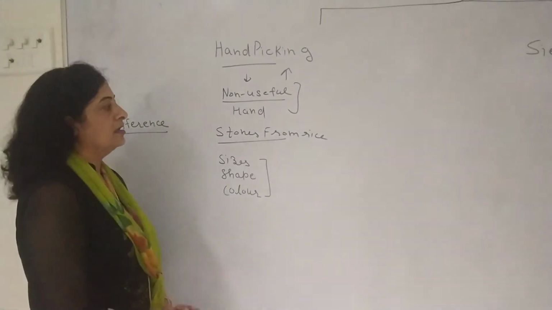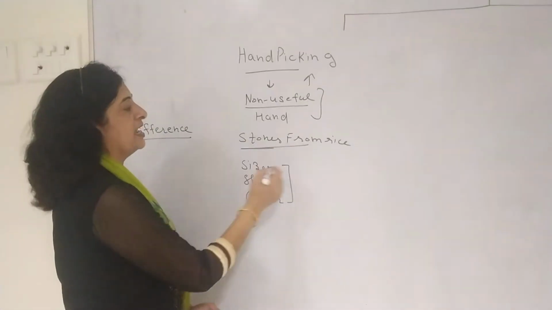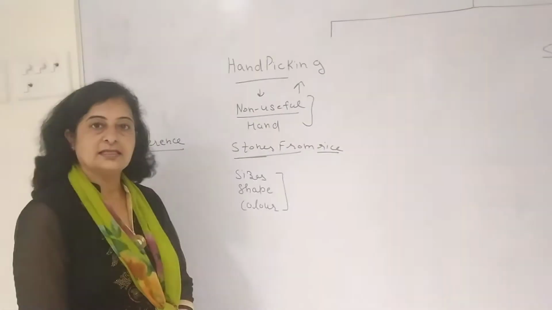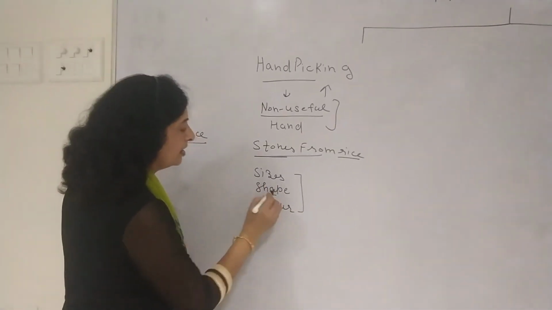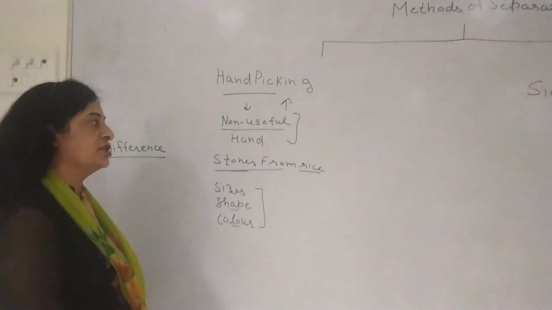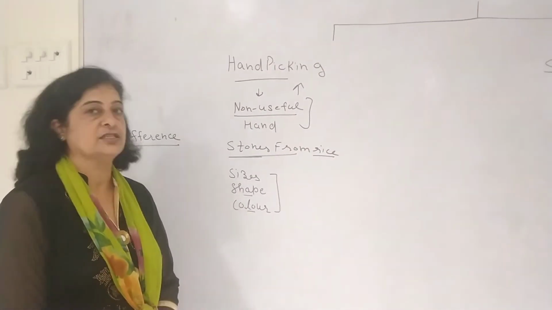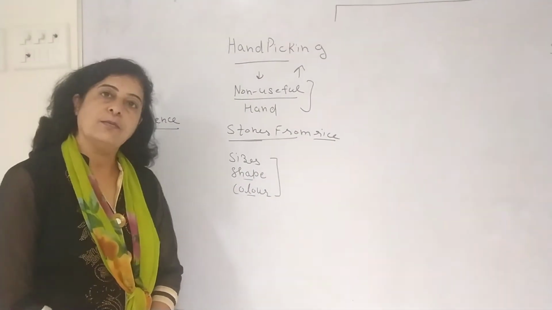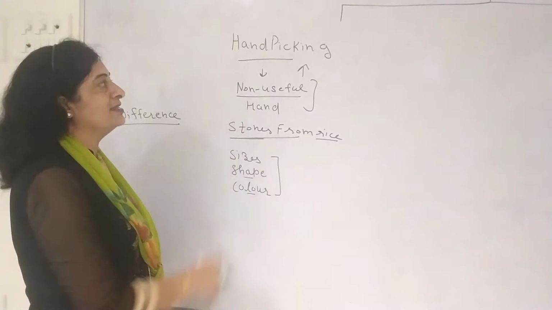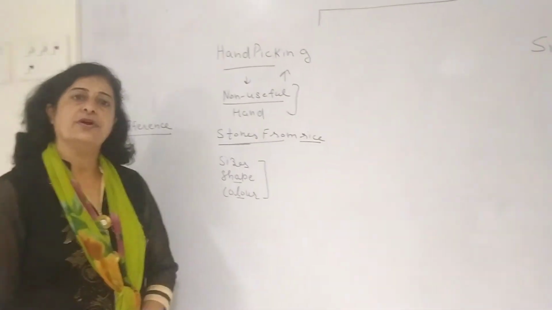When the stones are slightly bigger in size than the rice grains, and they are of a different color and a different shape, then we can easily separate them from the grains. So to separate non-useful components from the grains, we can easily use the process of hand picking. You can easily do it at your home.